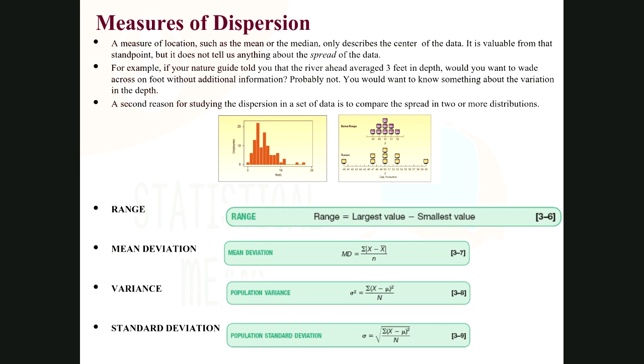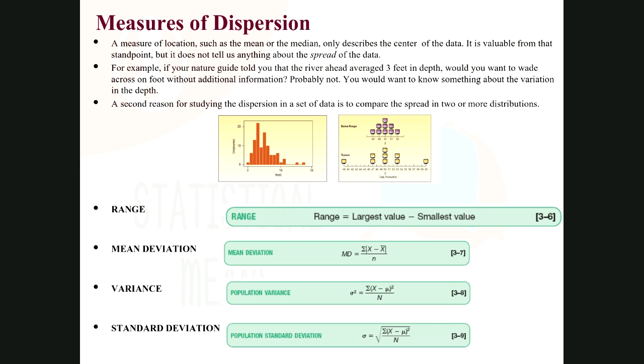So we have the range, these are the formulas for the range, but remember all the formulas are there for you. The range equals the largest value minus the smallest value, and it can tell you what the spread of the data is. The mean deviation is the sum of the absolute value of x minus the mean, over n.